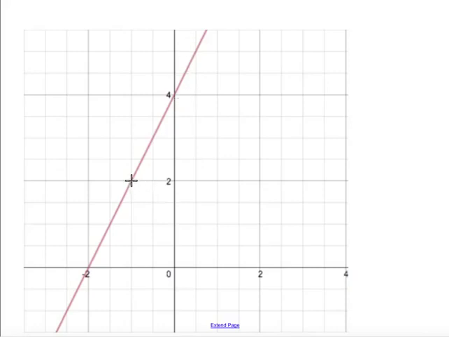So like right here at -1, 2, that hits it exactly on the line, and then going straight up to this point here. Then we want to go ahead and find the length of those. So from here to here, we've gone from 0 to -1.